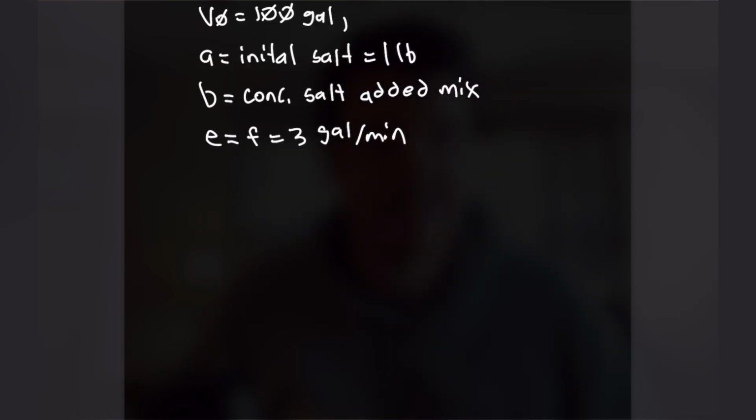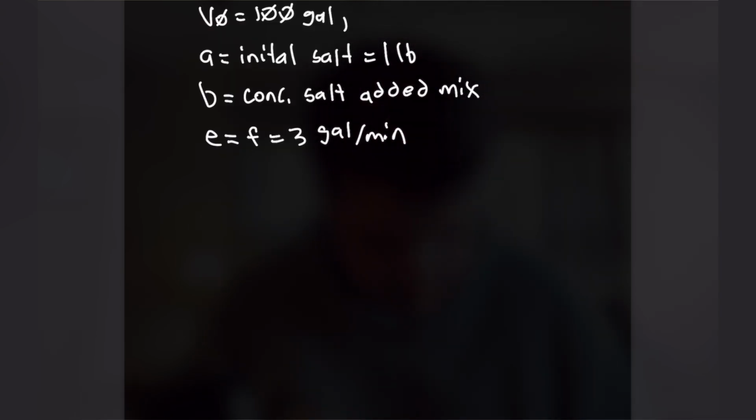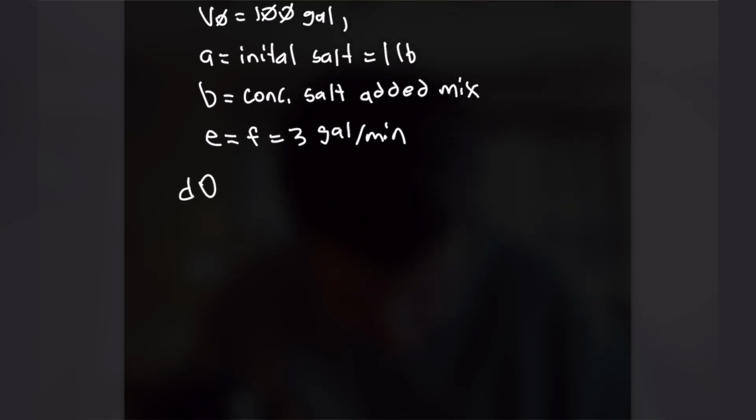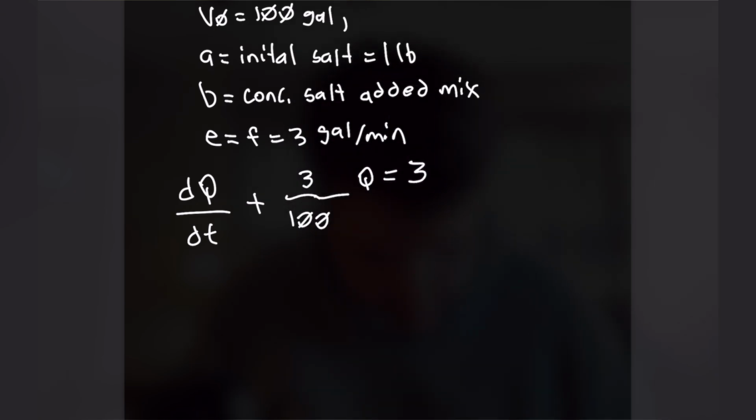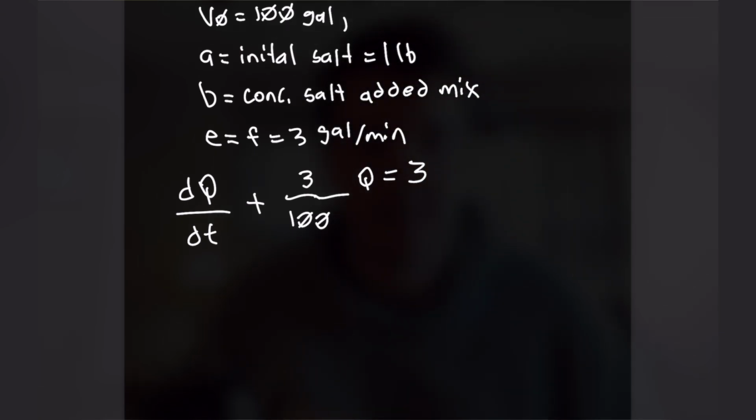So we can plug these into the differential equation that we used earlier. So we'll have dq over dt plus, let's see, we'll have 3 over 100 times q is equal to 3, where our Et and Ft terms cancel out there in the bottom, and the top remains just F, and the right-hand side is the same.